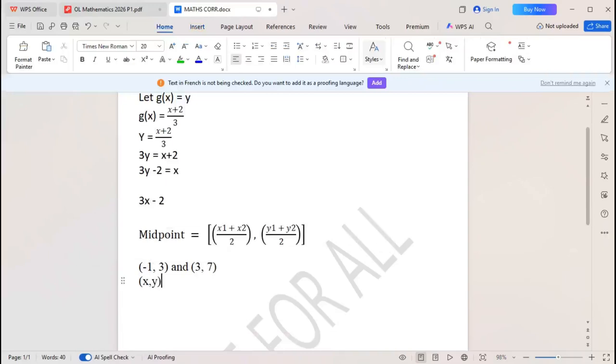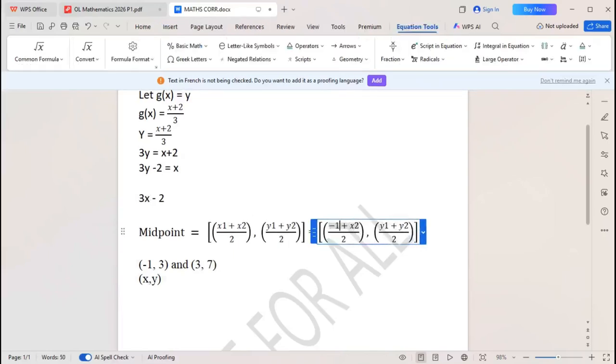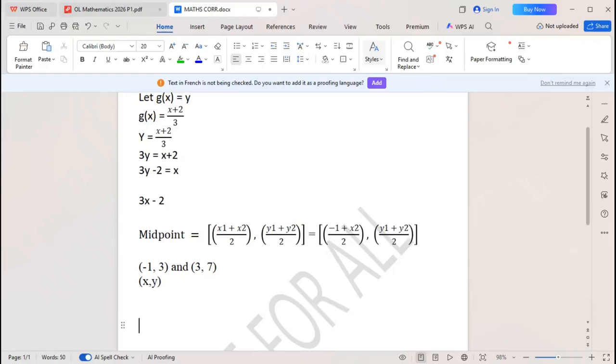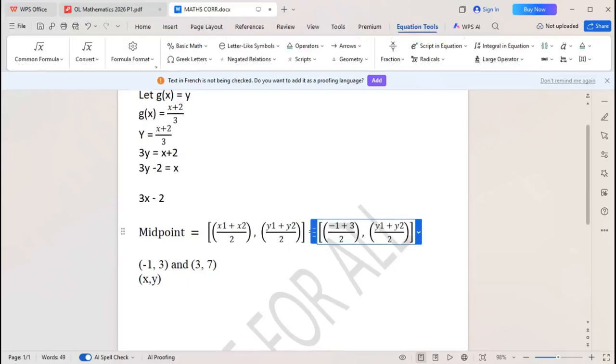Looking at these points, our x1 is equal to minus 1. We substitute that here. Our x2 is equal to 3. Our y1 is equal to 3. And our y2 is equal to 7.